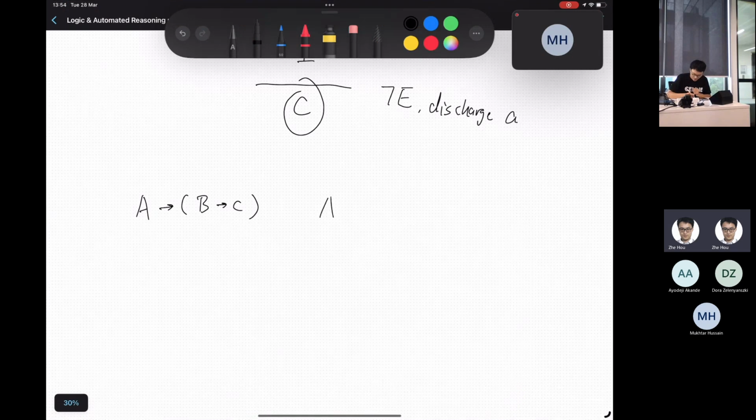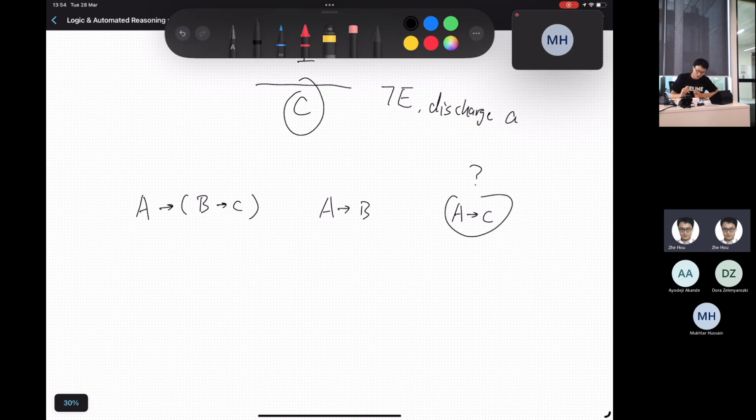So we also know that A implies B. And the question is, does A imply C?